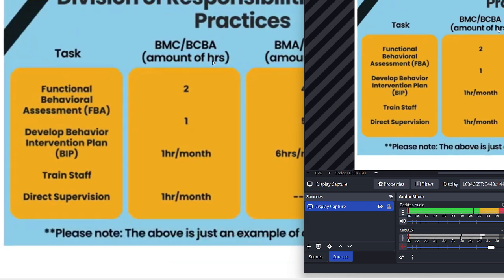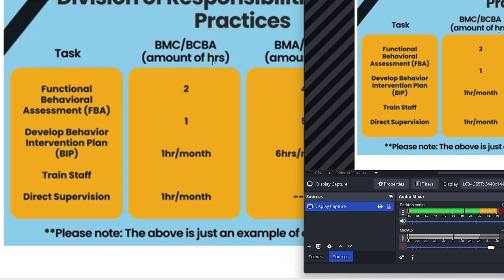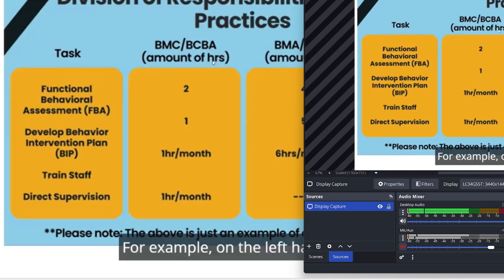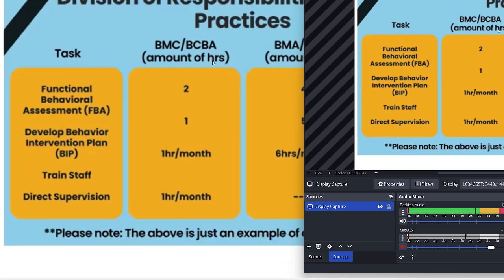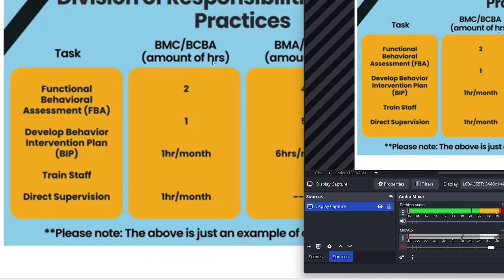In your program design, if you plan to contract with a group practice, you will want to show what the division of responsibilities in terms of service hours will look like for your program. This is one example. On the left-hand side, you see a list of different tasks or job duties.